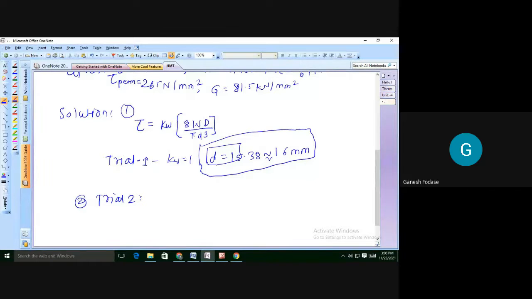Initially KW is 1, but when d is equal to 16 mm, find the value of KW and put that value to get the wire diameter. So first we find C, the formula is C is equal to capital D upon small d, and KW is equal to, what is the formula of KW?